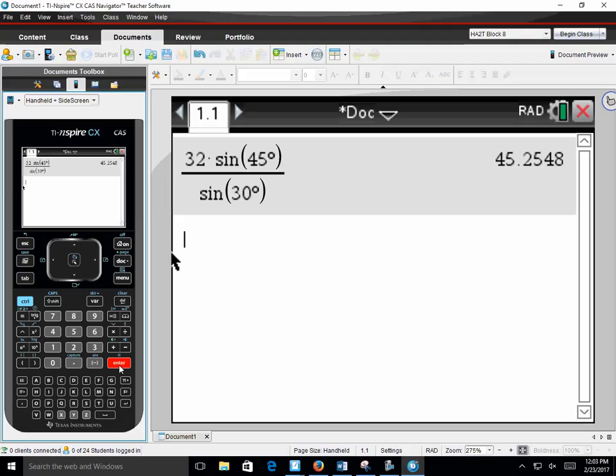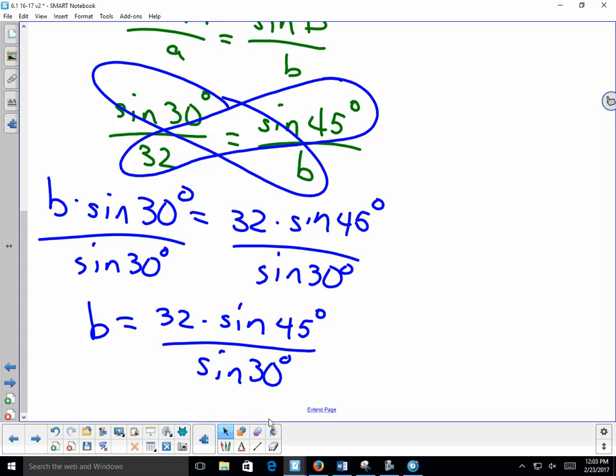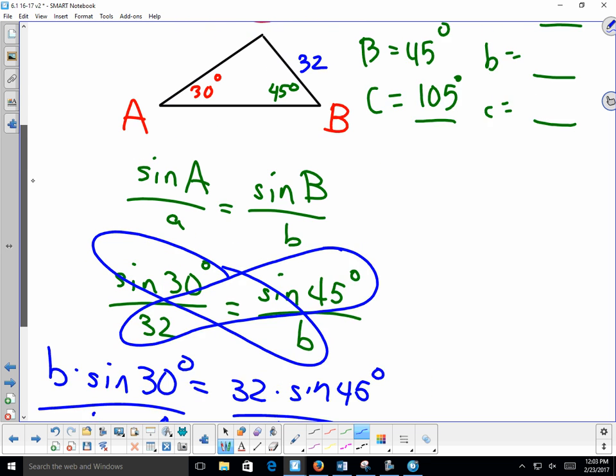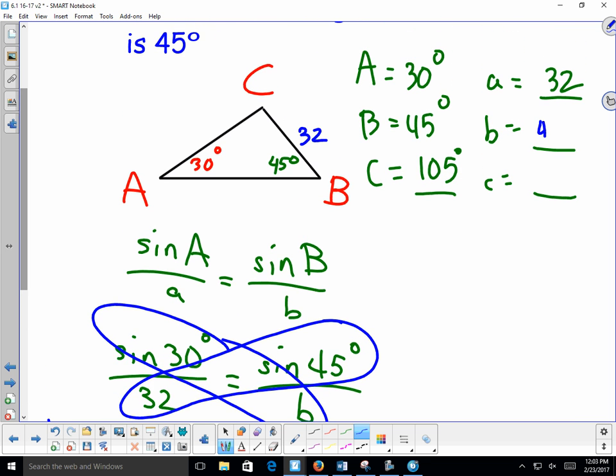I'm getting 45.25, right? Are we okay with this? So if this is 45.25, that's what I can fill in here, 45.25. Agreed?